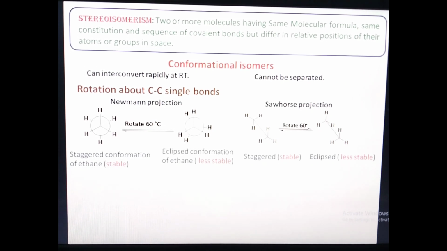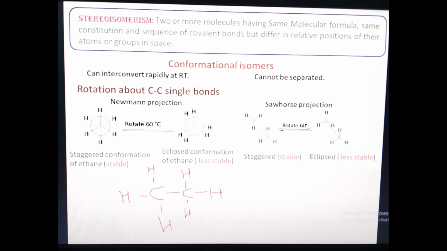Ethane has a carbon-carbon single bond, and this carbon has 3 hydrogens and this carbon has 3 hydrogens. Let's see the rotation about the carbon-carbon single bond of this ethane molecule.